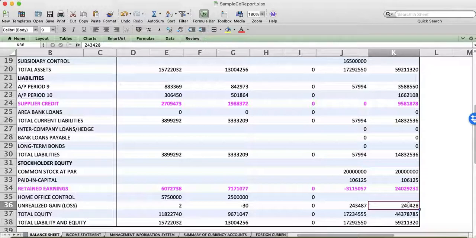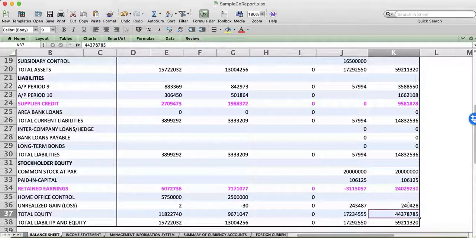When the home office buys a currency, be it for instance dollars, if the dollar rises in value, that will create a profit, which is accounted for here, but it is unrealized until these dollars are sold and converted back into Swiss francs. So that's only potential until that conversion takes place.